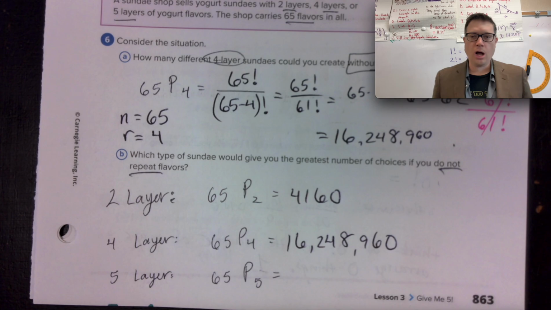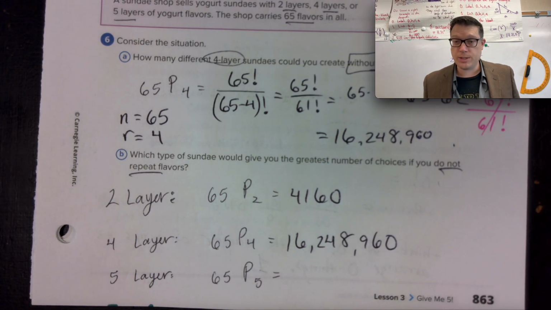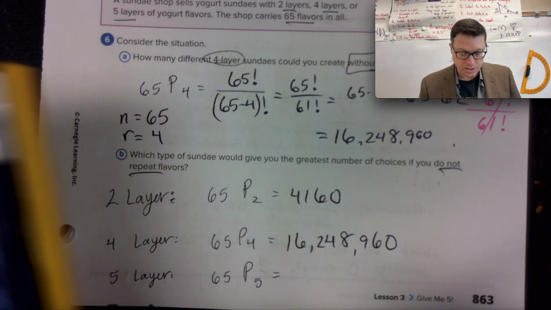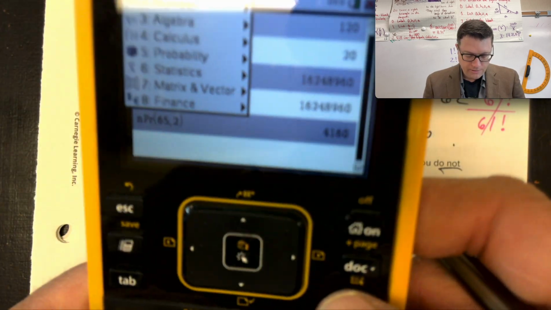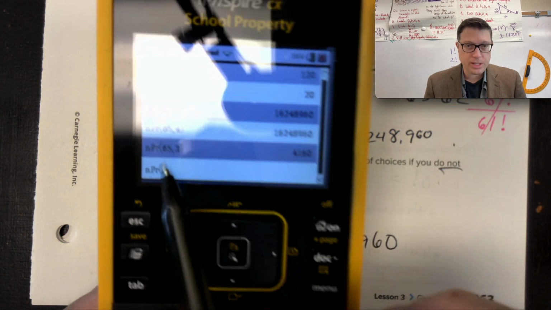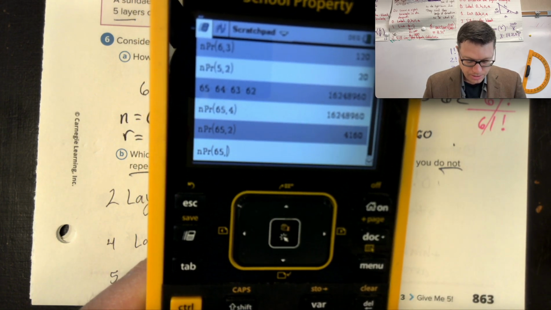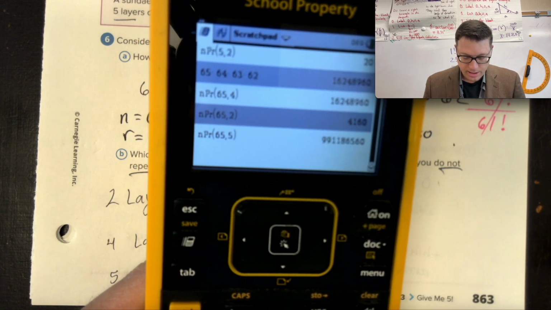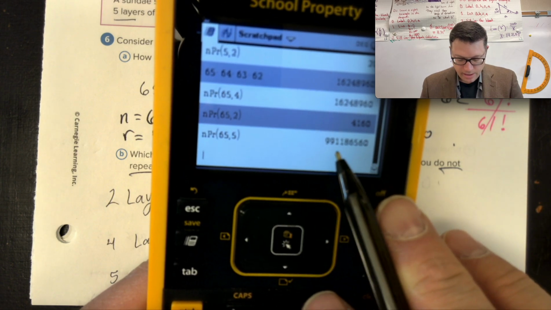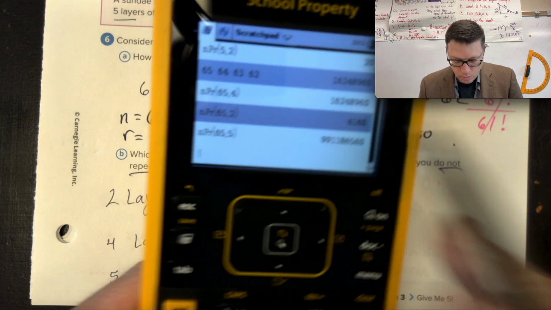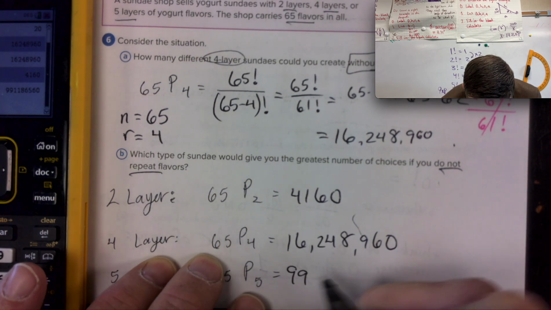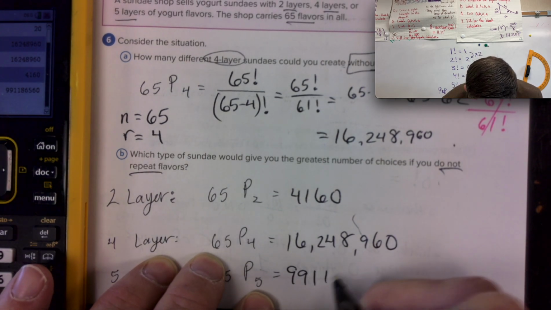Oh, that's not very much at all compared to the other. It's still a lot of different choices, but 16 million versus 4,000. Menu 5-2 brings up the permutation, so I'm going to go 65 permute 5, and I have 991,186,560.